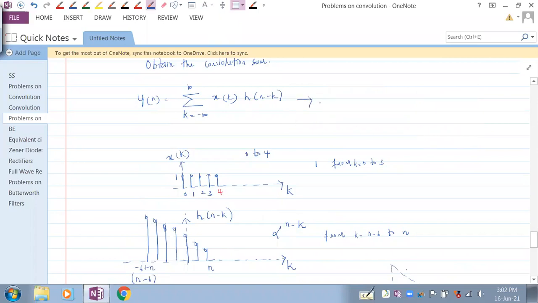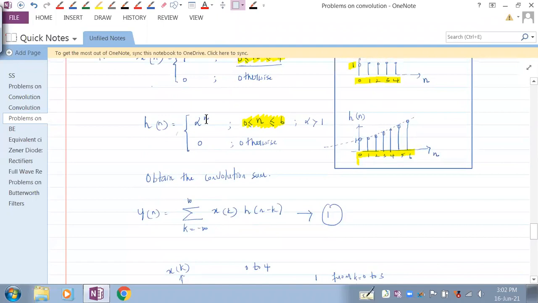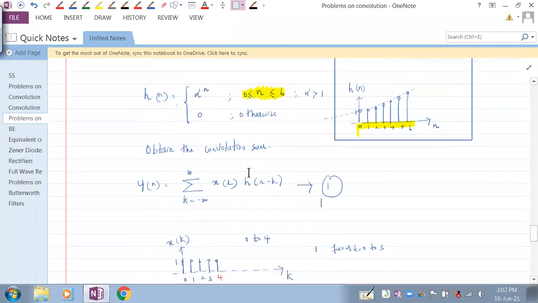Always when we write the equation, this equation number 1, the value of x of k and h of n minus k can be understood by seeing this. X of k is 1 and h of n minus k is alpha power n minus k. Why is it alpha power n minus k? See here, this is alpha power n when the x-axis is n. But when this comes into equation number 1, this would become alpha power n minus k, because wherever n is there, that is being replaced by n minus k.